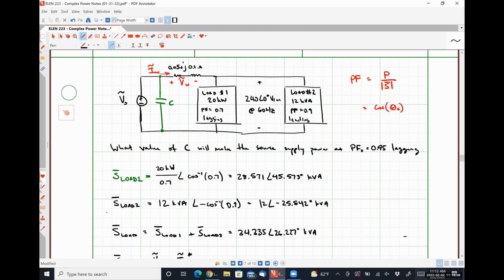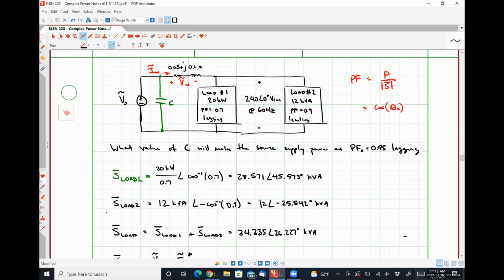So what I am going to suggest here should, I hope, make a lot of sense. If we were able to determine the complex power that was supplied by the source prior to power factor correction, that's going to let us determine the quantities P_old and theta_old that we need, right?